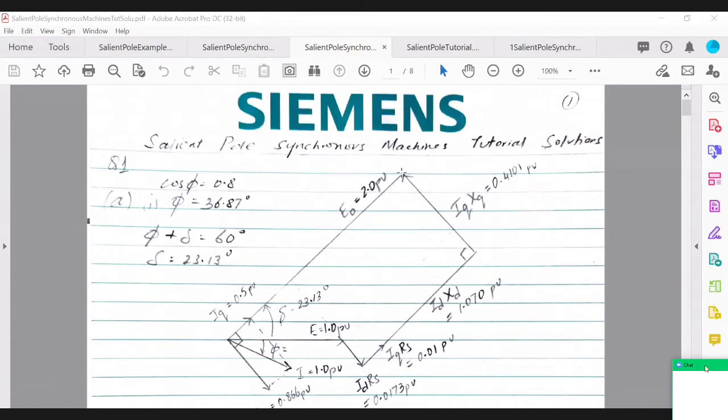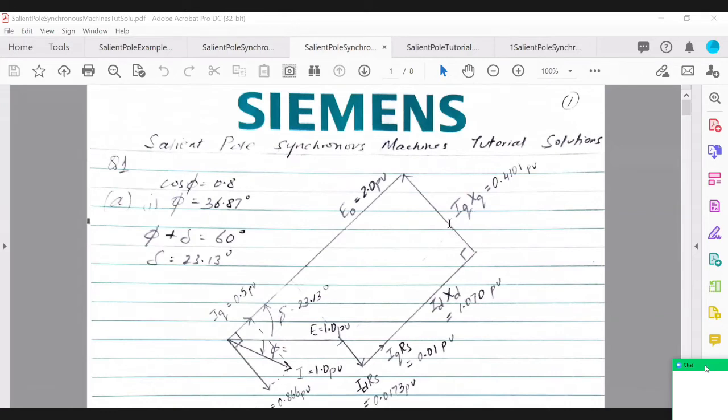So E sine delta will be, if you take this full phasor here, that's IQXQ. Okay, so this is parallel to this here, right? So as you can see, IDRS is opposite to this part here. It's basically subtracting here, right?